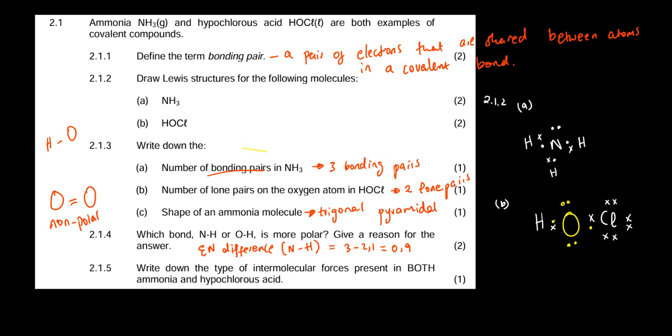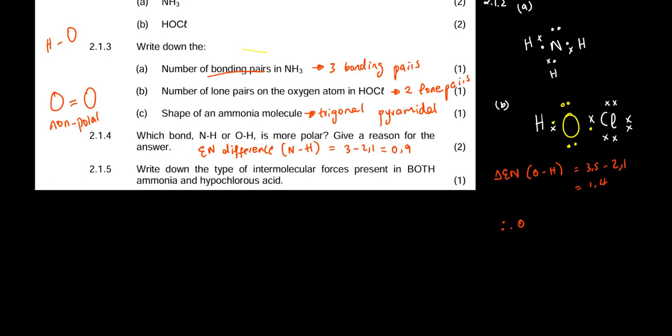Yes, sir. And then if we check the electronegativity difference for OH, I believe the higher one should be 3.5, then minus the 2.1, and then you should get 1.4. So therefore the OH bond is more polar, because there is a higher electronegativity difference.